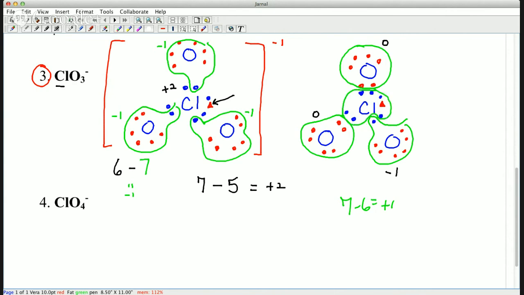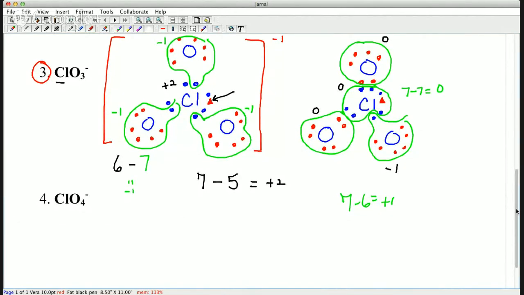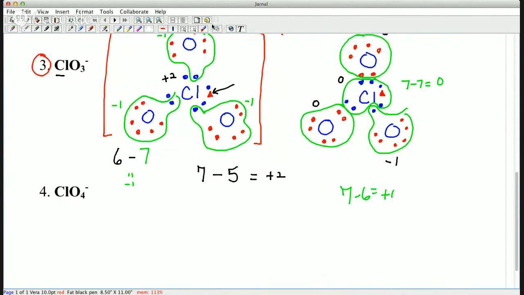What do you get? 1, 2, 3, 4, 5, 6, 7. 7 minus 7 for the chlorine gives me a 0. And you can clearly see that by using formal charges, I have directed my way to this structure: a chlorine that double bonds to this O, double bonds to this O, and single bonds to this O, leaving the negative on the more electronegative atom. So we are left with a structure that looks like this. And let me just clean this up.